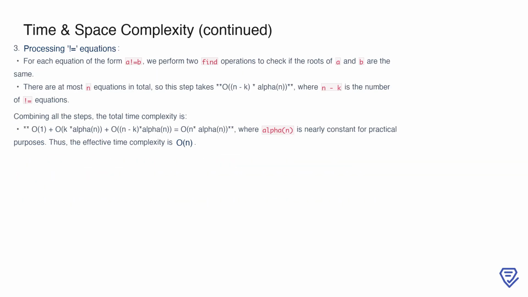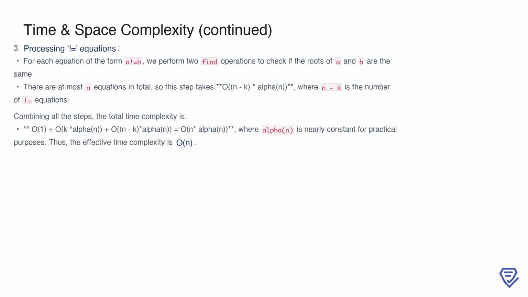Now, when processing the equations of the form A not equals B, we need to perform two find operations to confirm whether the roots of A and B are the same. Since there are at most n total equations, the number of not-equals equations is n minus k, where k is the number of equals equations. Each find operation in this step also has a complexity of α(n), so the time required is (n minus k) * α(n).